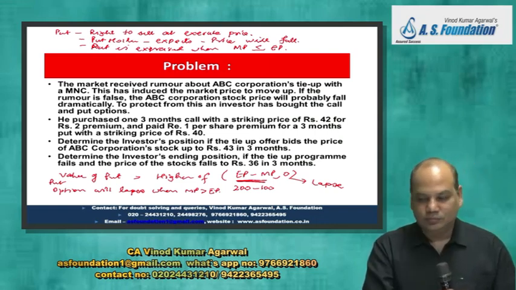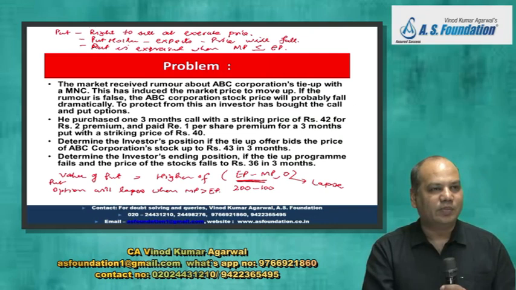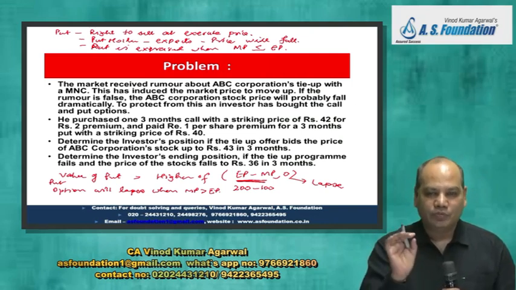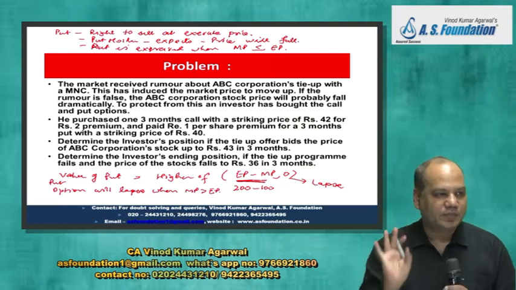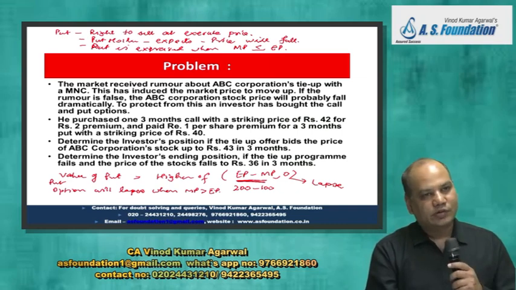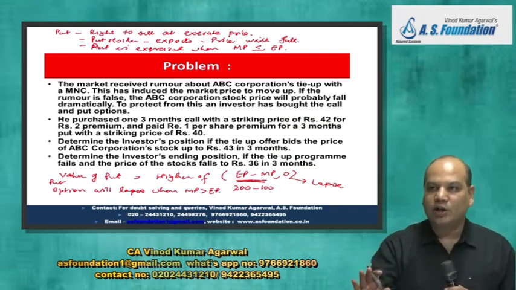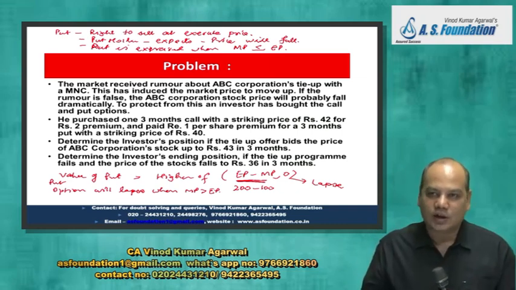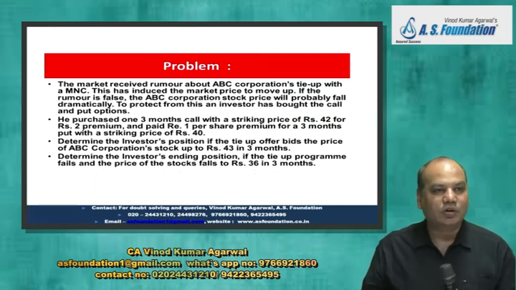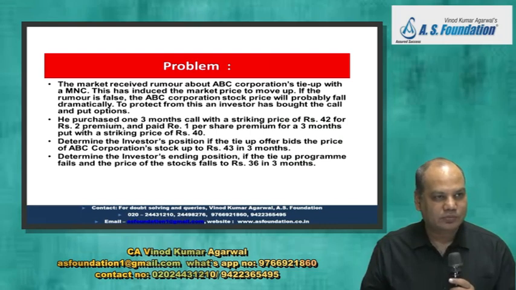That's it. And if it is a delivery based settlement, then you will receive or deliver the shares at the exercise price. Normally delivery based settlement are not asked. But one small question later I will take on delivery based settlement also.